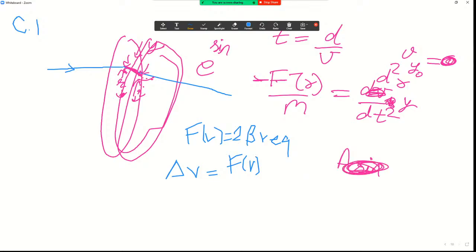Wait, now as this is becoming very complicated, I assume that this must be constant approximately. Yeah, I think it should be constant because it shouldn't vary that much when it's inside the ring. It only changes a lot when it goes outside.